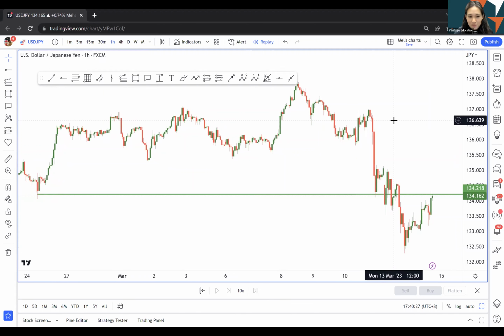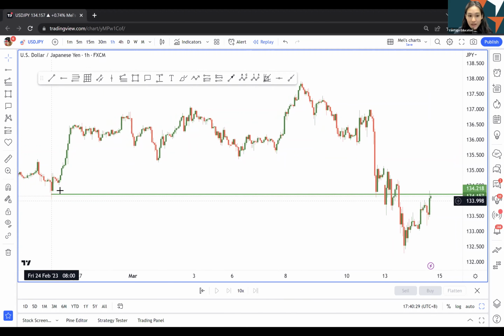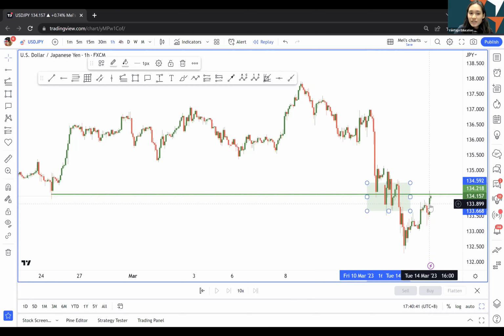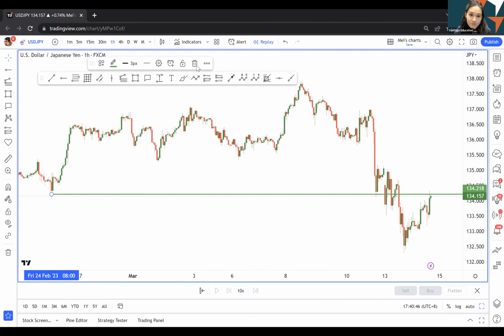Okay, so even though we have a swing low over here, which makes it a swing low support, because it cuts so many candlesticks over here, and it cuts the bodies of the candlesticks, this is not a clean cut, so we wouldn't consider this a valid support level.